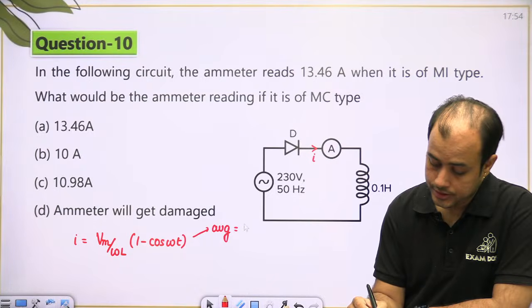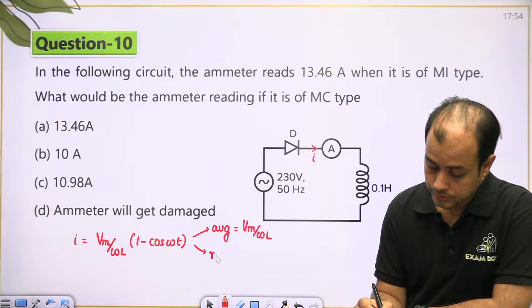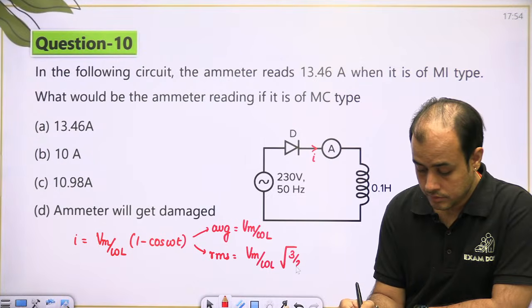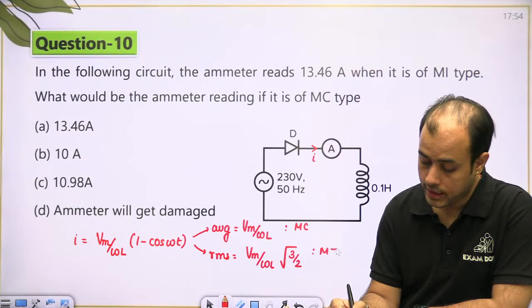Now average, so this is for moving coil, this is for moving iron.